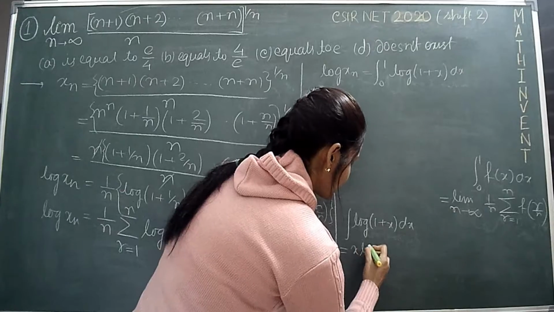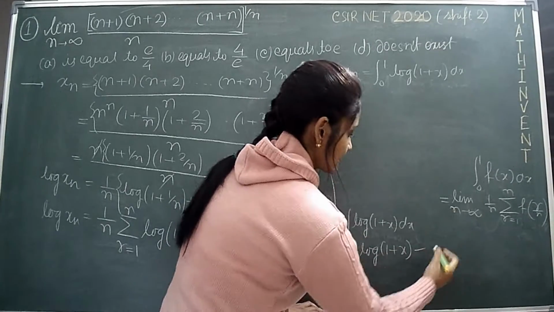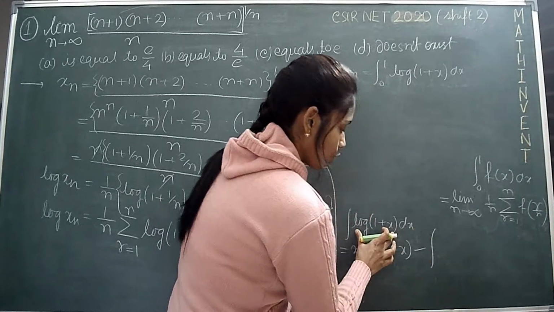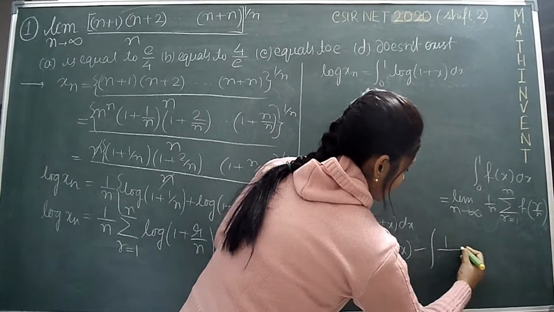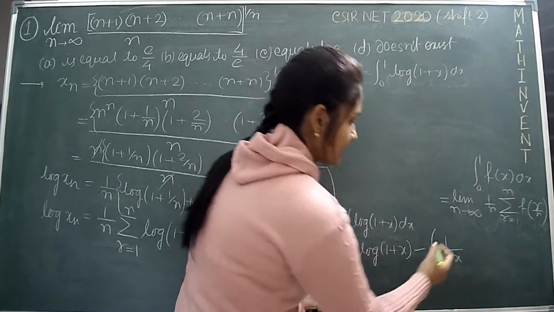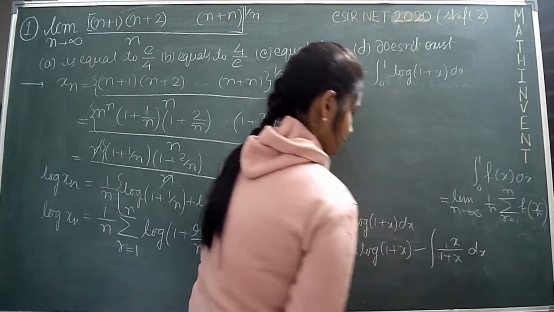So x log of 1 plus x minus integration of the derivative of log of 1 plus x, which is 1 by 1 plus x, times the integral of dx, which is x, dx.